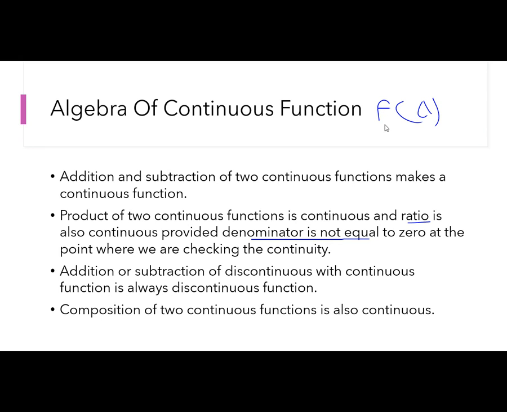According to the second line, the ratio is also continuous provided the denominator is not equal to zero. Let's consider f of a by g of a, where limit x tends to a, and f and g are two different functions or expressions provided to us.